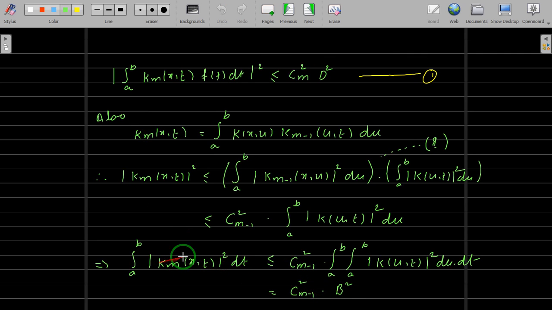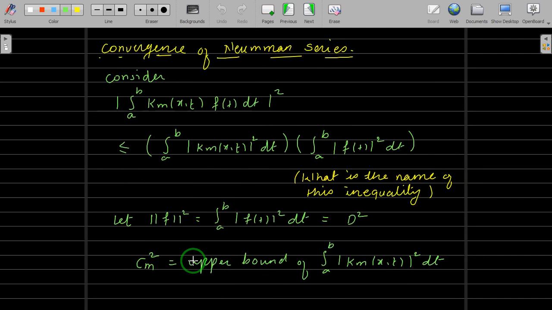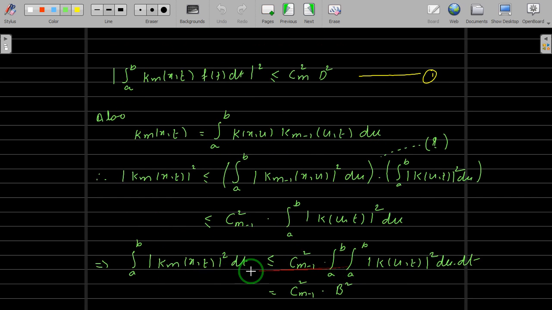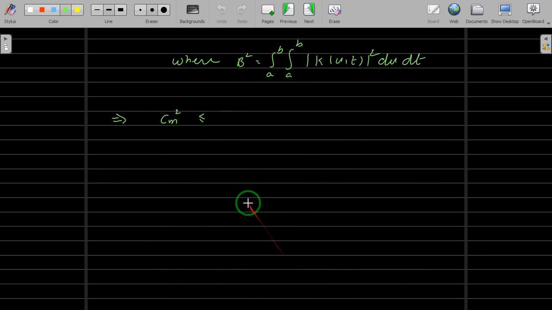So when you take the upper bound of this, again it will be bounded by the same numbers, and we have taken Cm square as the upper bound of this. So obviously if you take the upper bound here, that is Cm square will be less than or equal to this quantity. So that is what I am writing now. So Cm square is less than or equal to b square into C_{m-1} square.